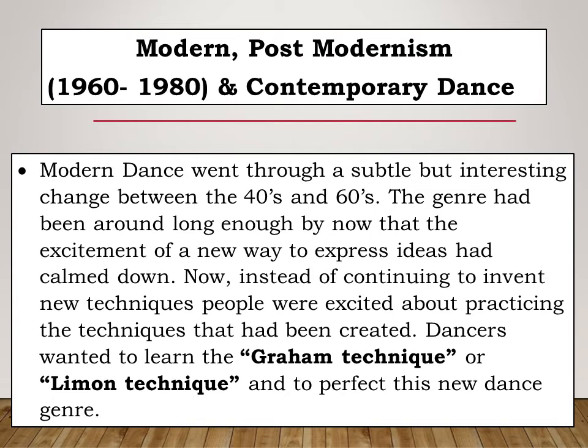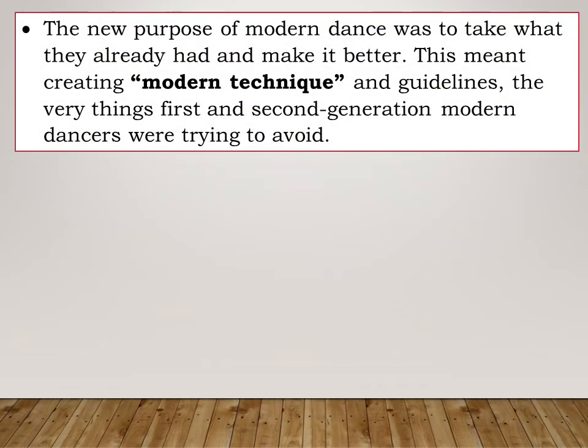Dancers wanted to learn the Graham technique or Limón technique and to perform this new dance genre. The new purpose of modern dance was to take what they already had and make it better. This meant creating modern technique and guidelines, the very things the first and second generation modern dancers were trying to avoid.